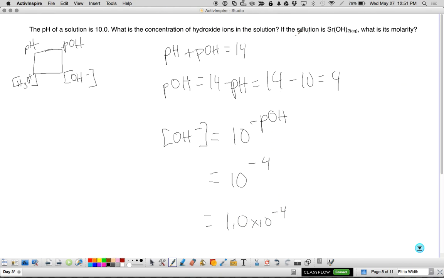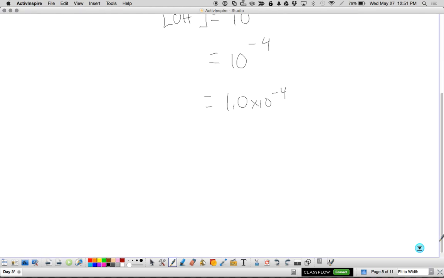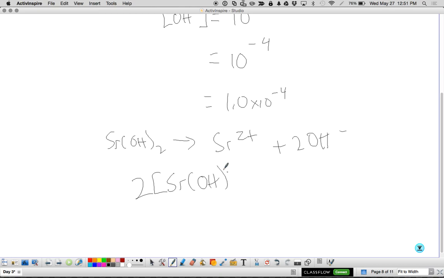Now, the second part is, if the solution is strontium hydroxide, what is its concentration? Well, strontium hydroxide is just a metal hydroxide, so it dissociates into strontium ion plus 2 hydroxide ions. So I know that 2 times the concentration of strontium hydroxide equals the concentration of hydroxide.